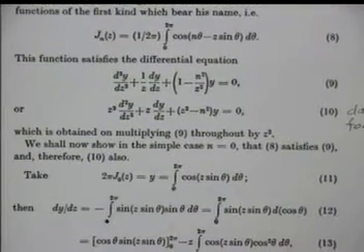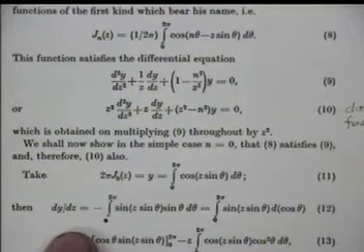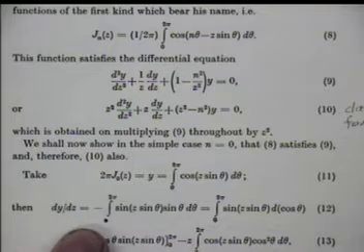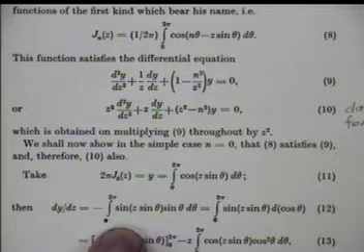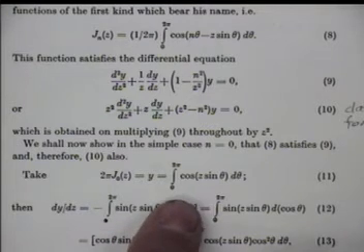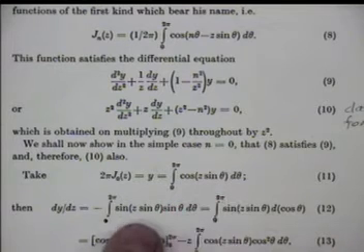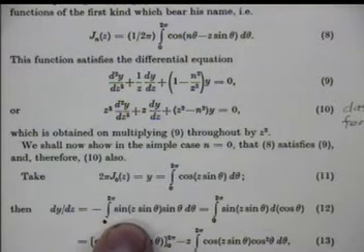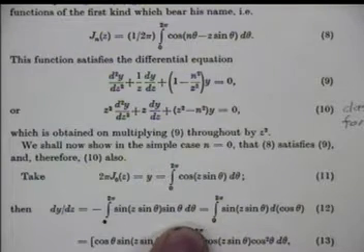And we're going to call that y. Now if we differentiate y right here, then it can be put in this form. We still have the integral, but we're differentiating cosine of z sine theta d theta. When we differentiate that with respect to z, we get sine of z sine theta times sine theta d theta.